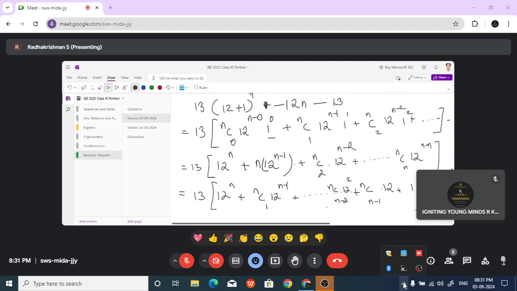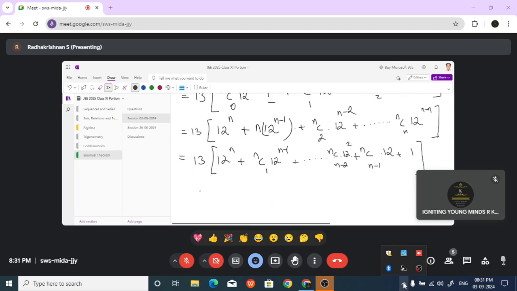So assuming n is greater than or equal to 2, not that n, this r. Whenever n is greater than or equal to 2, this 12 power n will be divisible by 12 square.